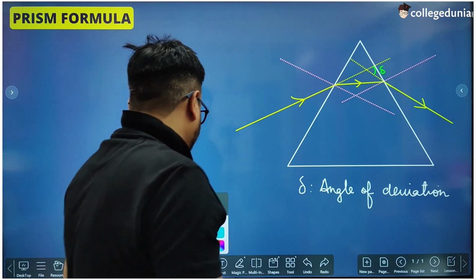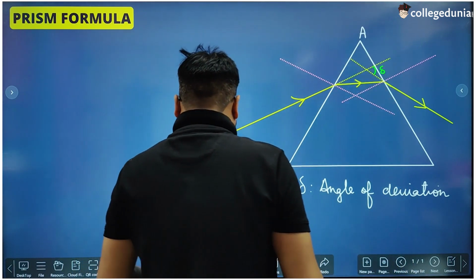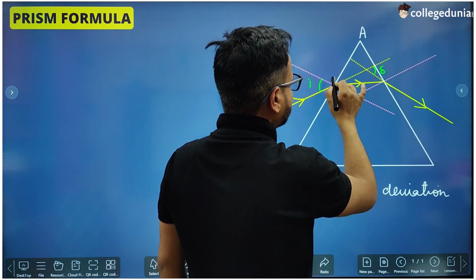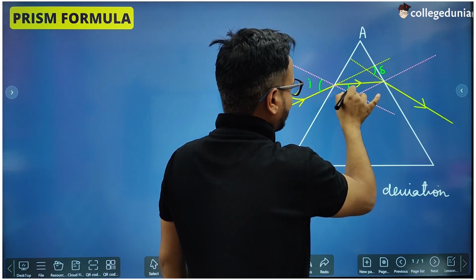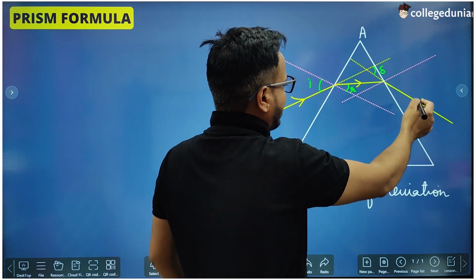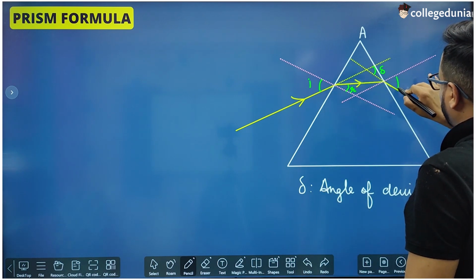Now let us say the angle of prism is A, and let us mark other things also. This is obviously the angle of incidence, and this one is the angle of refraction. So let's call it R. And if the ray was coming from this side, then obviously this would have been the angle of incidence.